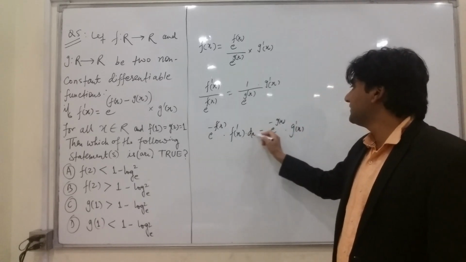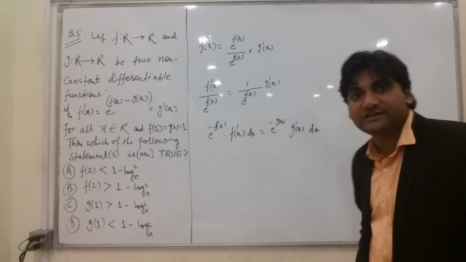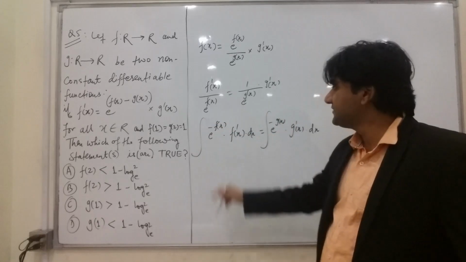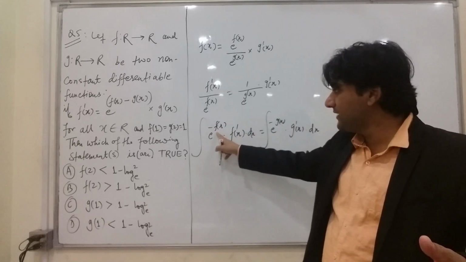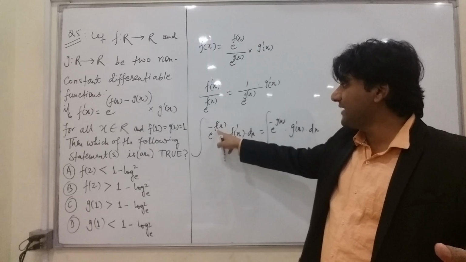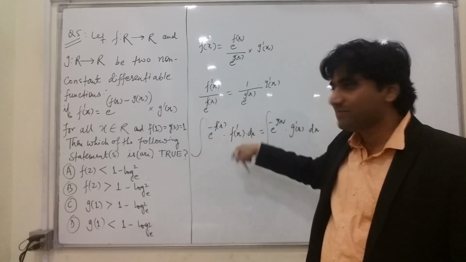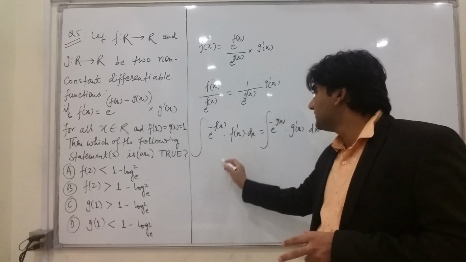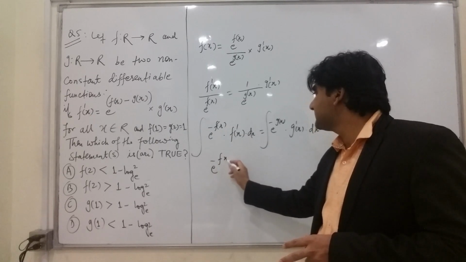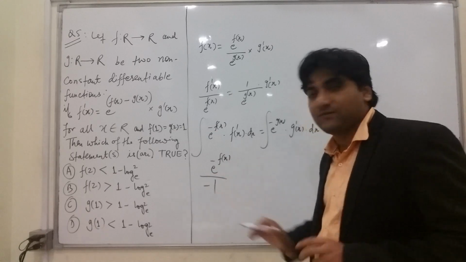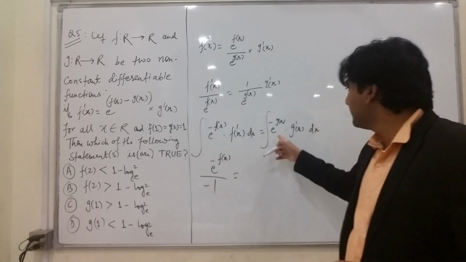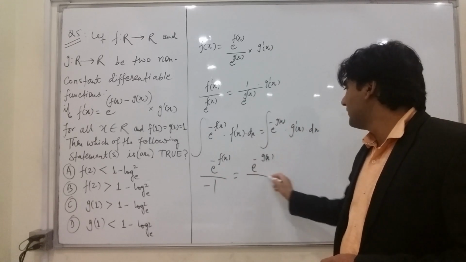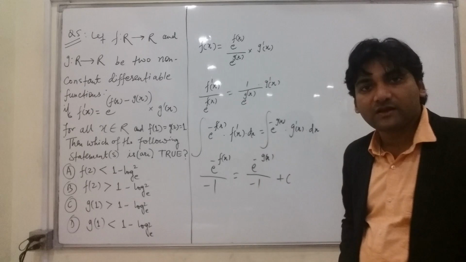Apply d/dx on both sides, and then integrate it. So e raised to minus f(x), if you assume f(x) as t, then e raised to minus t, and this would be dt. So the integral of e raised to minus t dt is e raised to minus t over minus 1. So this is e raised to minus f(x) over minus 1 equals, same thing, e raised to minus g(x) over minus 1, then plus c.